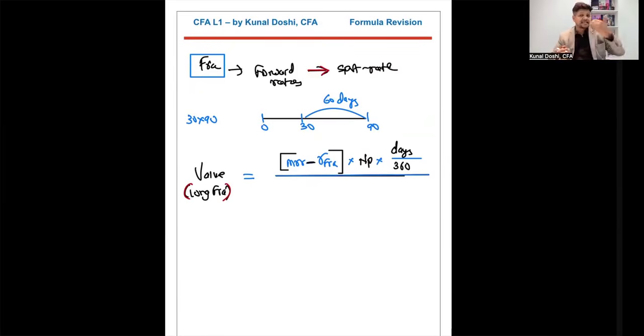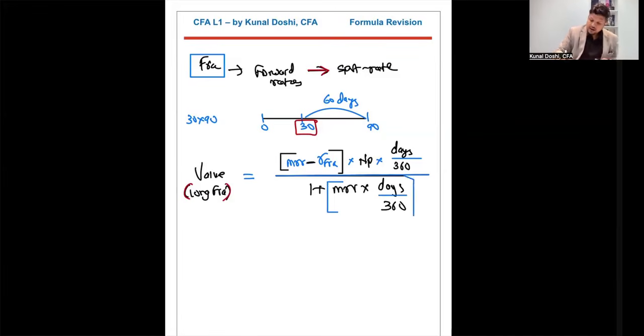Therefore, we will discount also with 60 days because FRAs are settled on the 30th day, not on the 90th day. So we will discount the FRA by 1 plus MRR times the same days over 360. We discount because we are going to settle earlier. FRAs are not settled on the 90th day. They are settled on the 30th day in my example.